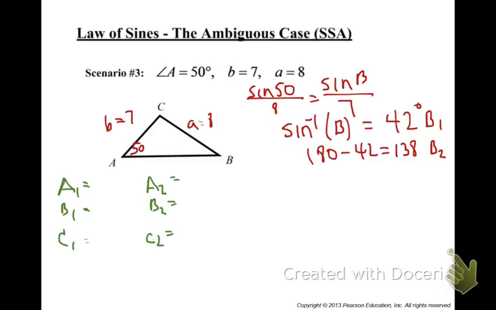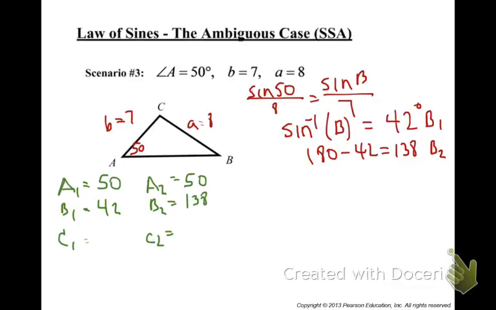Okay. Again, A they gave us as 50, so that will hold. So we will put that in for both. Our B1, that was what we found when we did the law of sines, and that was 42. So we'll put that in here for B1. And the supplement will go in for B2, and that was 138. So let's put that in.